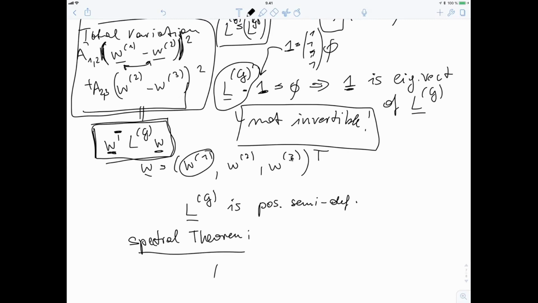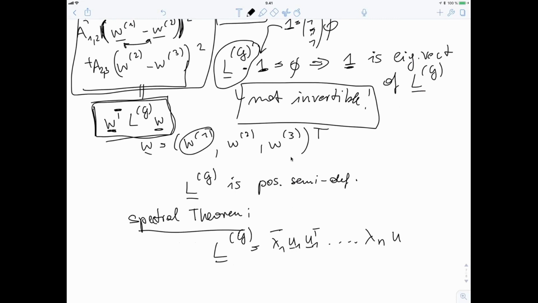Which is, this Laplacian matrix can be written as lambda 1 times a rank 1 matrix with u1, till lambda n u n. Okay, I use superscripts u n.